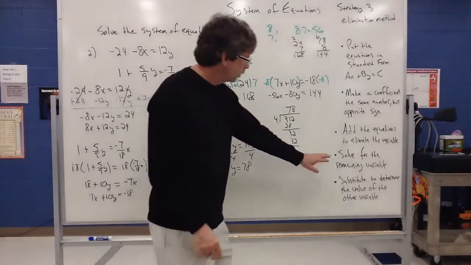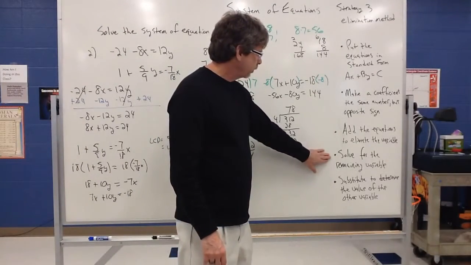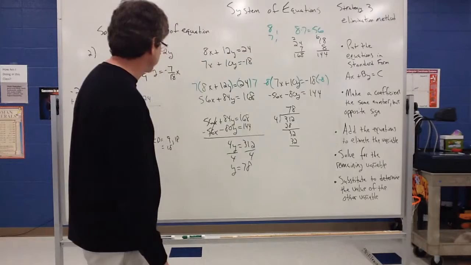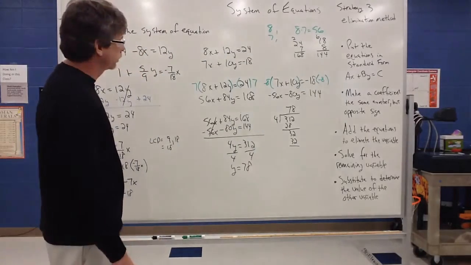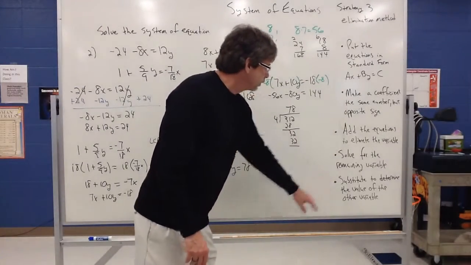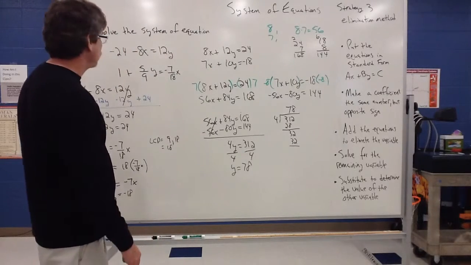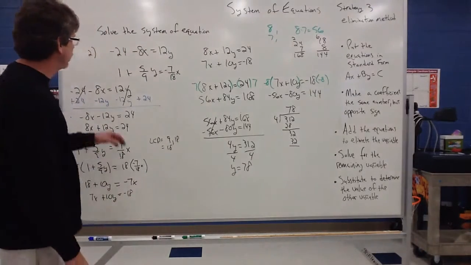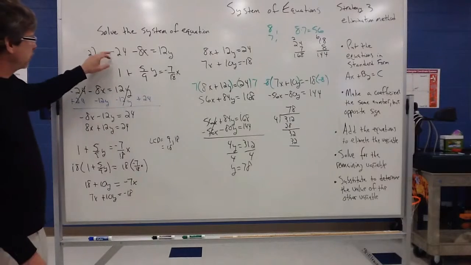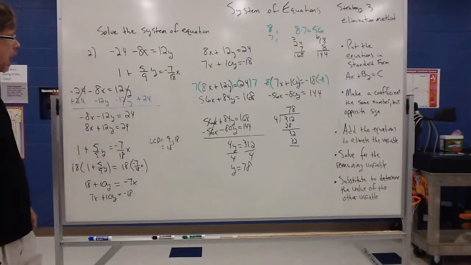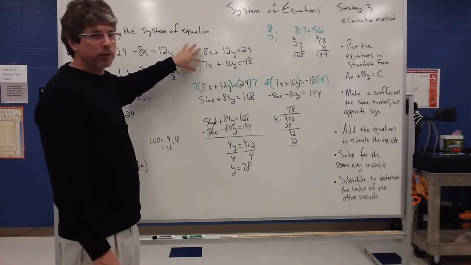So I found one of the variables. Now I've got to solve for the remaining variable. Or I'm sorry, substitute in. We're at the last step there, substitute to determine the value of the variable. So I'm going to go back to the original equations. I actually like when I clean those up and put them in standard form.